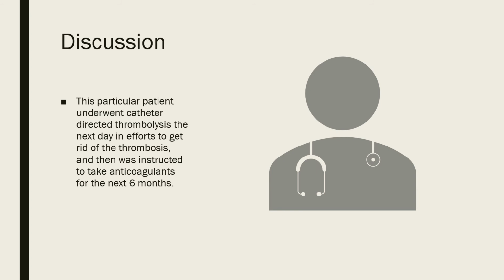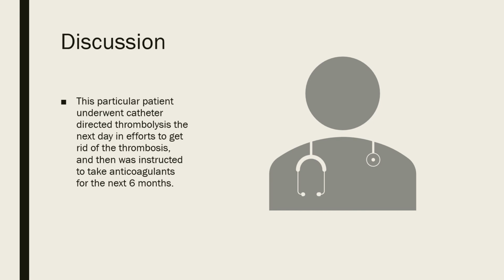In the radiologist report, he mentioned successful pharmacomechanical thrombolysis and thrombectomy of the extensive left upper extremity deep vein thrombosis. The likely underlying cause of this extensive DVT is likely a high-grade stenosis of the brachiocephalic vein, which improved after angioplasty.